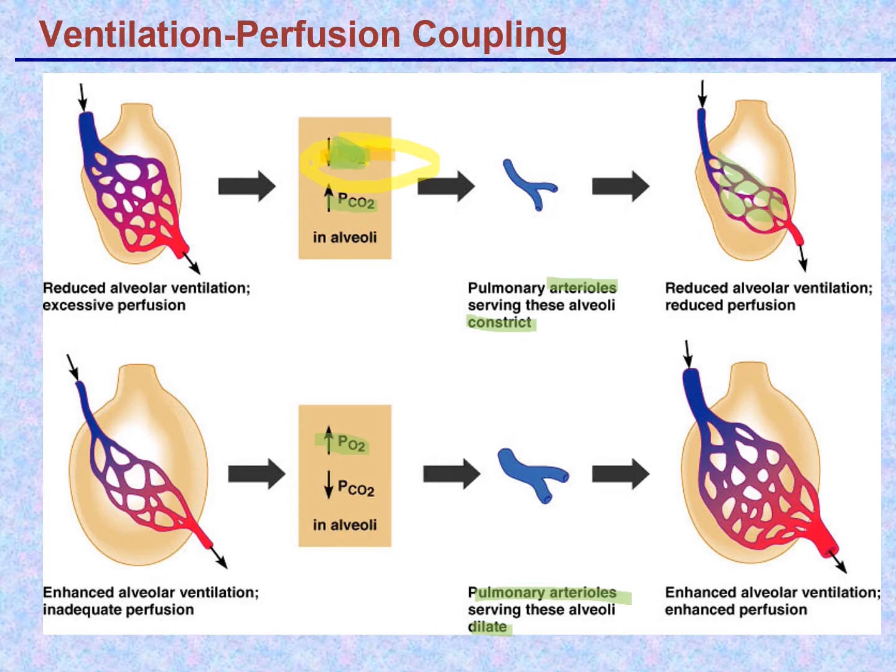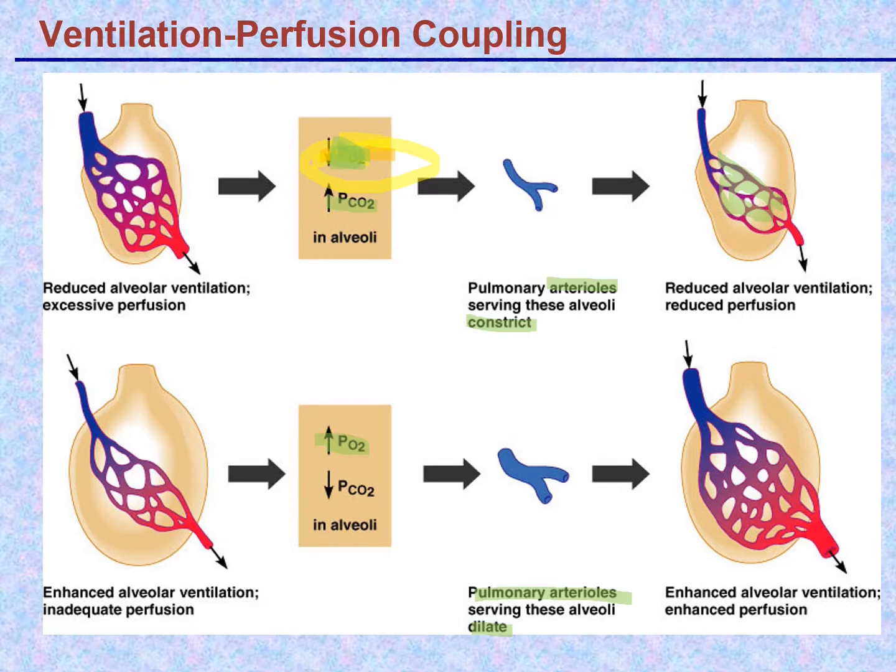The key thing here to remember is that the different areas of the lungs will be appropriately supplied with blood depending upon how well they are ventilated. Blood will go to the well-ventilated areas and will not go as much.